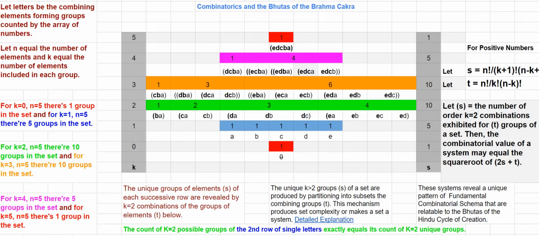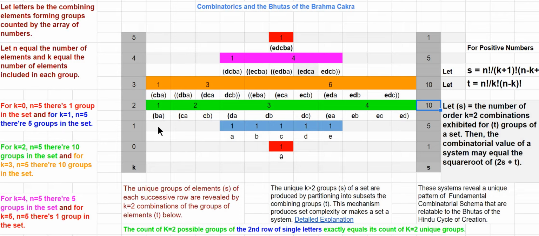The count of k equal 2 possible groups of the second row of single letters exactly equals its count of k equal 2 unique groups. There are 10 k equal 2 unique groups, which is the exact possible number of these single letters.